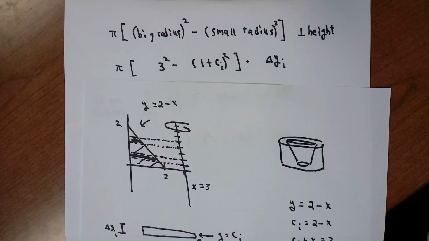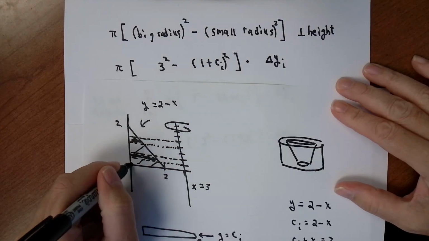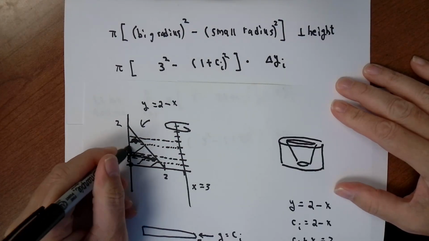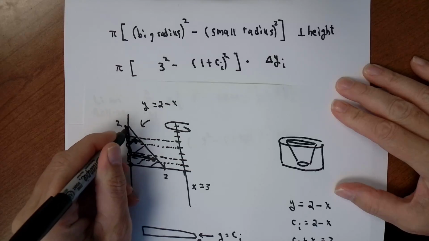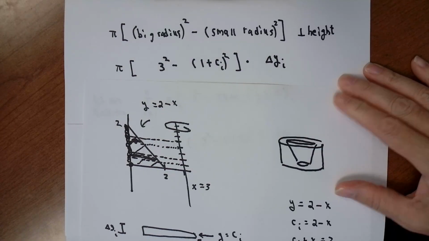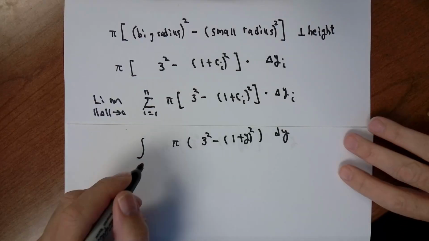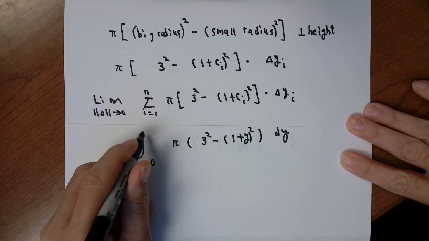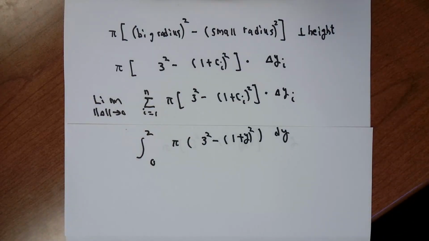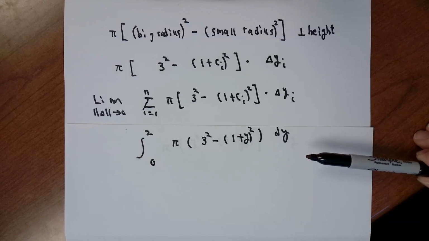In our description of the problem, the y value could be as small as 0 or as big as 2. This completes the setup. The volume that we're trying to calculate is the value of this integral.